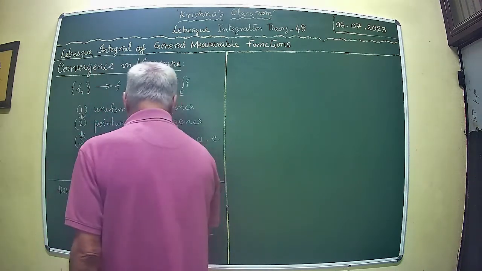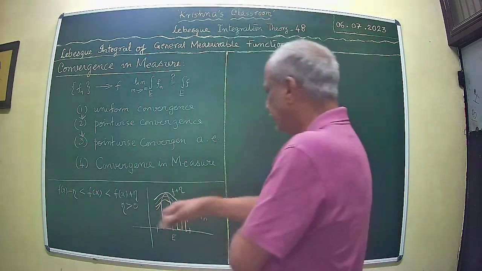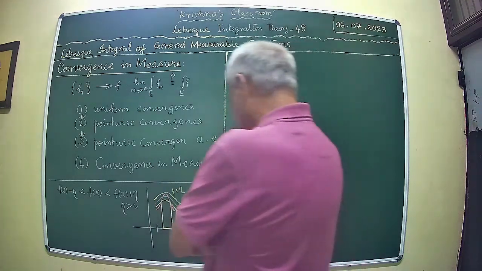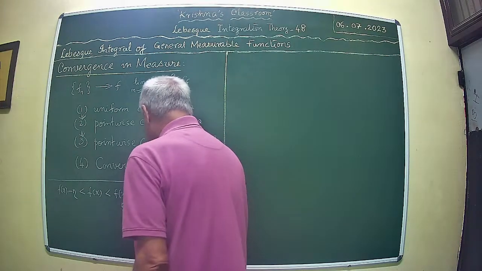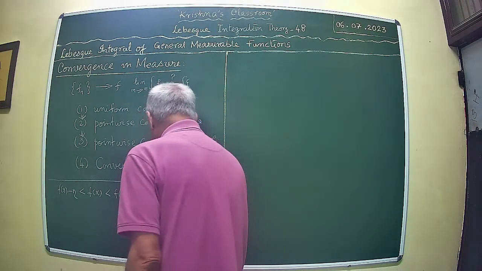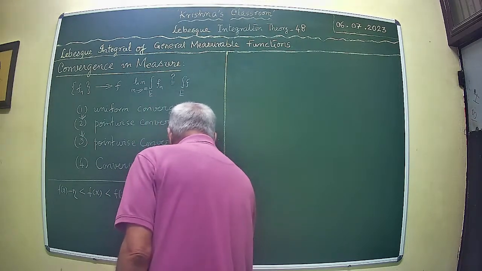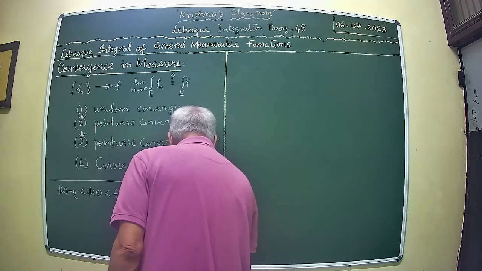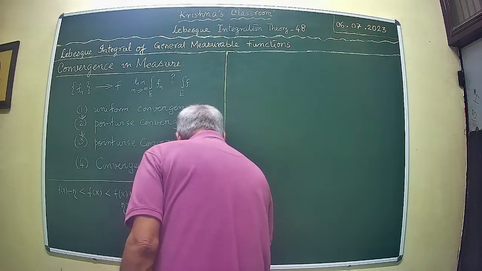This is where the graph of fn lies inside this road. Outside that it doesn't. Now these portions are where the modulus of fn(x) minus f(x) is greater than eta.